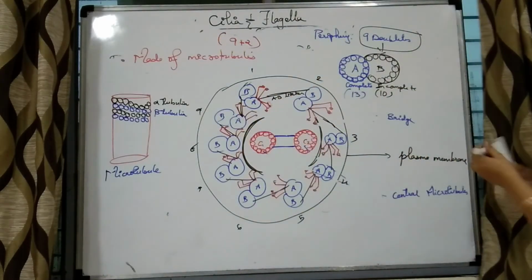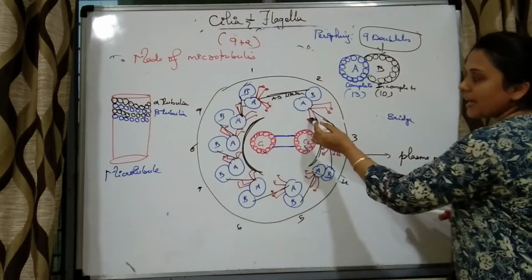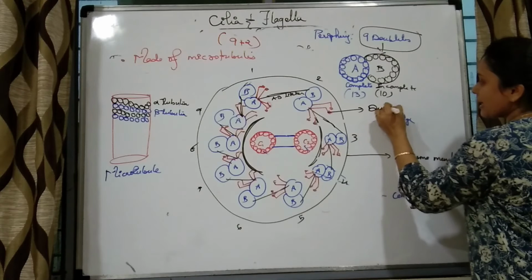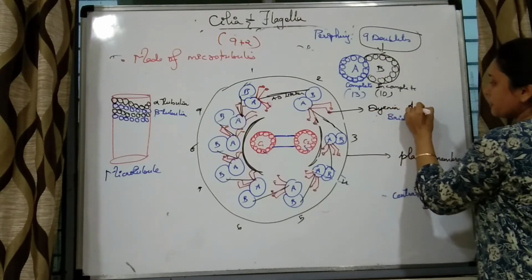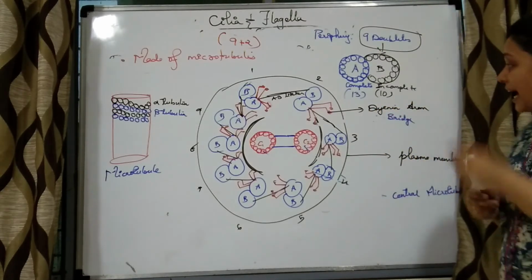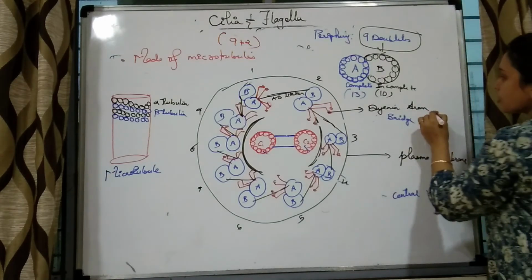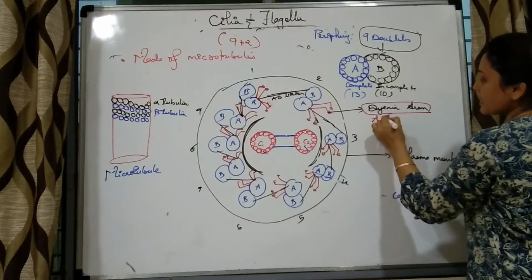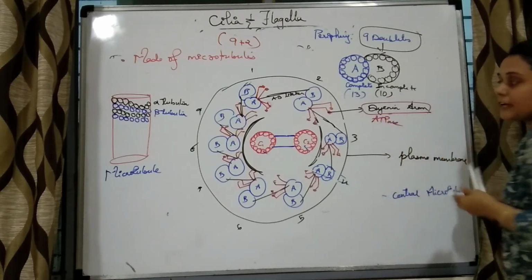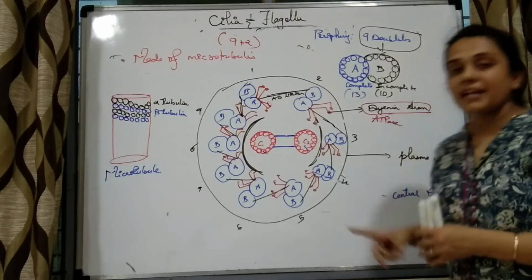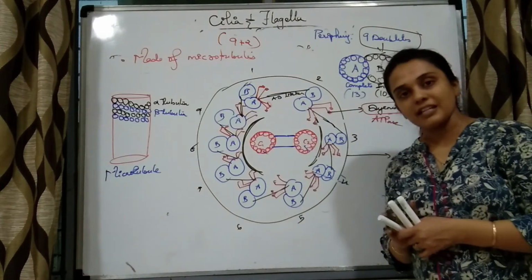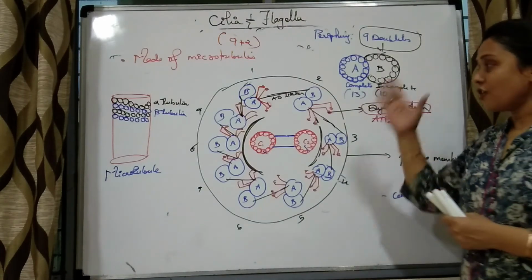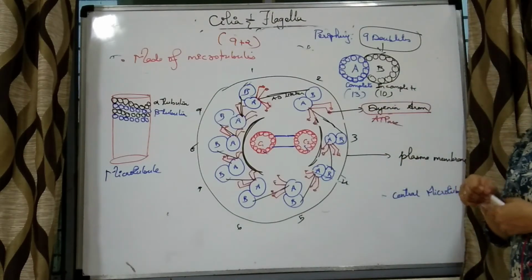So these are the dynein arms. These are inner dynein arms and these are outer dynein arms. Those are made up of dynein protein. And very important, students, this dynein arm functions as an ATPase, which means it is breaking down ATP into ADP. Energy is released and this energy is utilized for the beating movement of the cilia.